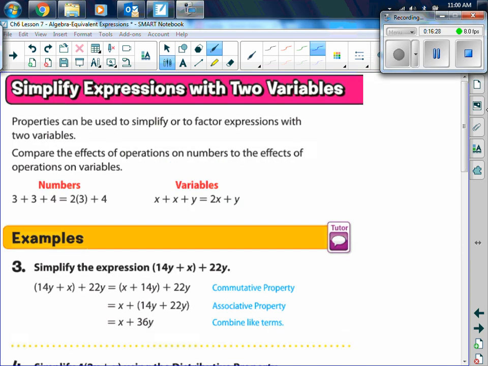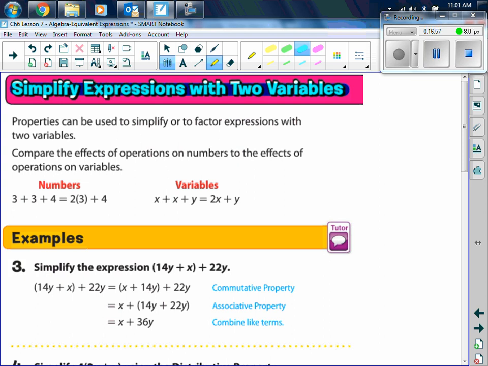So now we're going to simplify expressions with 2 variables. Please make sure you write your heading. We're going to simplify expressions with 2 variables. Okay? So here properties can be used to simplify or to factor expressions with 2 variables. We want to compare the effects of the operations on numbers to the effects of operations on variables.